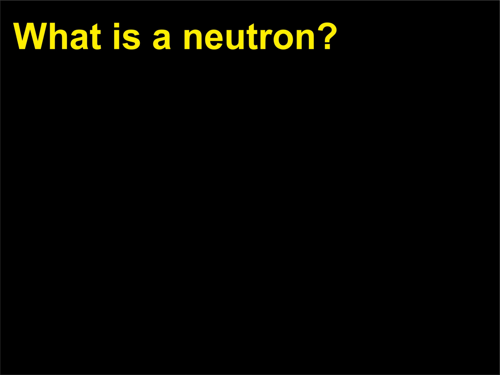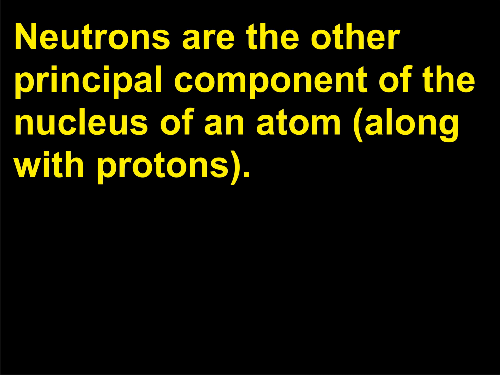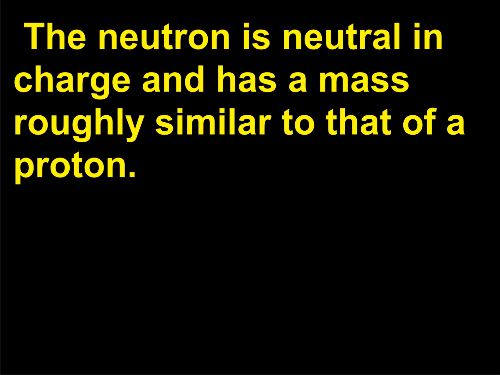What is a neutron? Neutrons are the other principal component of the nucleus of an atom, along with protons. The neutron is neutral in charge and has a mass roughly similar to that of a proton.